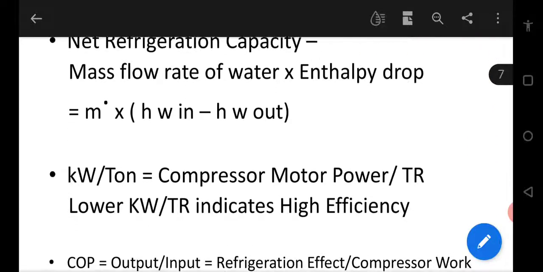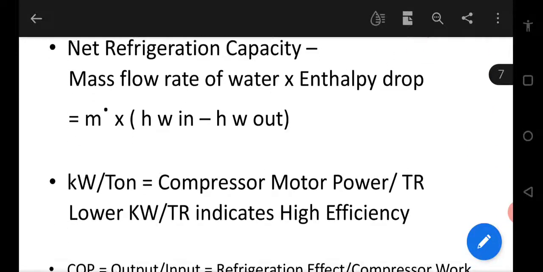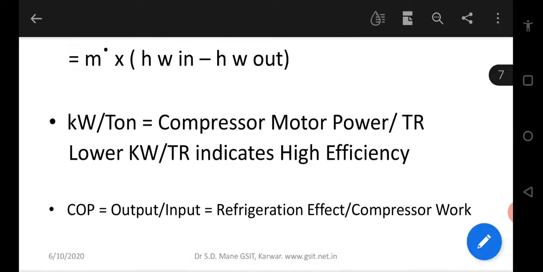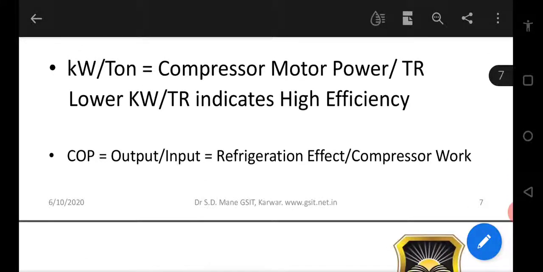So again I have given m into enthalpy drop, and one more indicator is there, like kilowatt per ton. What is the amount of power consumed by the compressor motor to produce 1 ton of refrigeration? As an energy efficient compressor, we require that the compressor consumes less power, less kilowatt, and produces more tonnage of refrigeration.